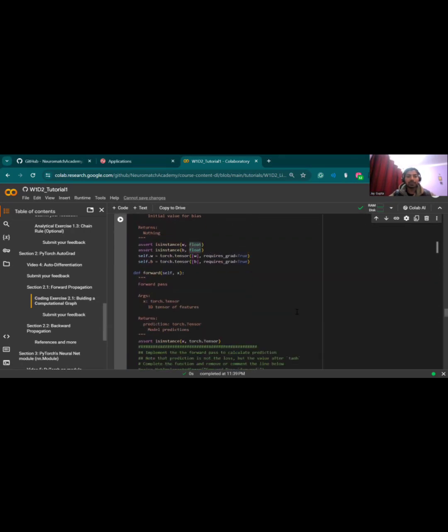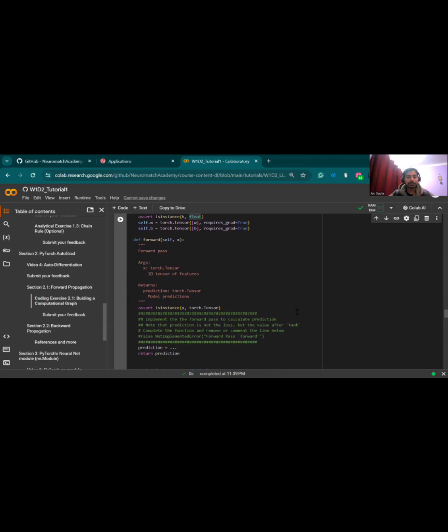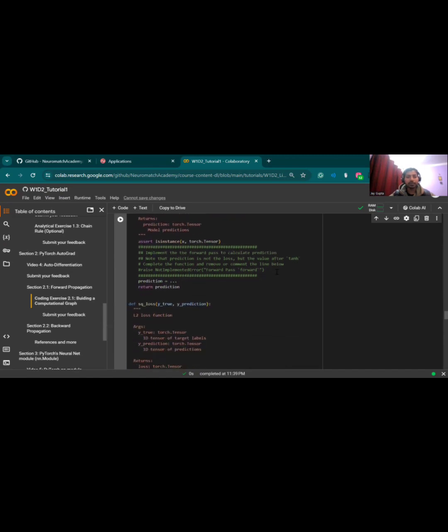After that, we have a forward propagation function. In this function, we are taking the input value as x, and we'll be calculating our prediction based on x. So we'll be passing the input value x into the tanh activation function.